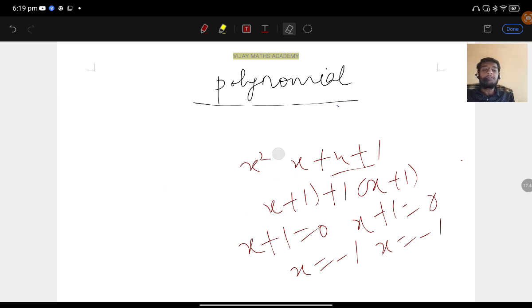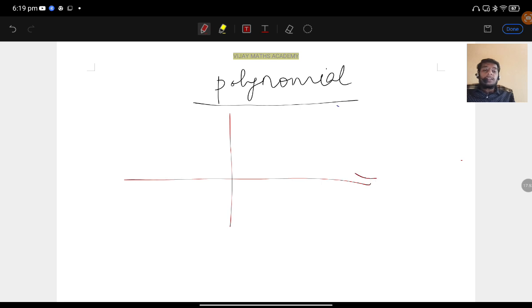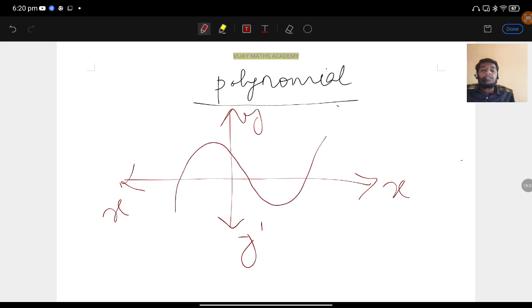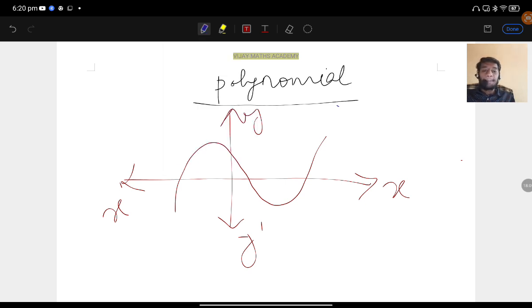Now I will take one graph to show you guys. Okay? So this is the graph, the Cartesian plane, we call it the Cartesian plane. This is y dash. See, the graph you are already looking at here.